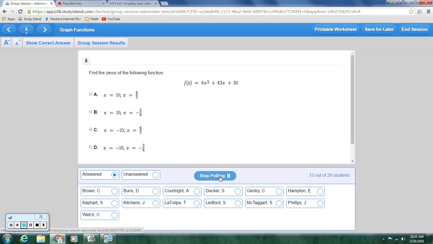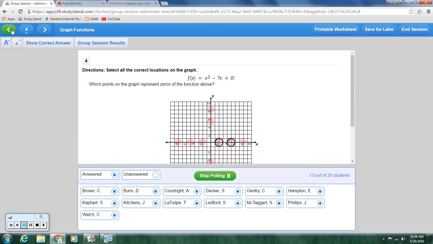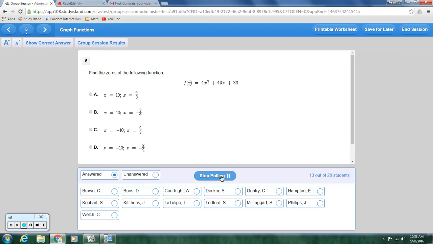Find the zeros. Does it show up now? No. Yeah, but if it doesn't show up, you can't submit. All right, let me go back. Oh, you can see it? Okay. 4x squared plus 43x plus 30.